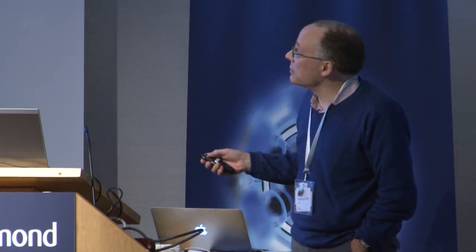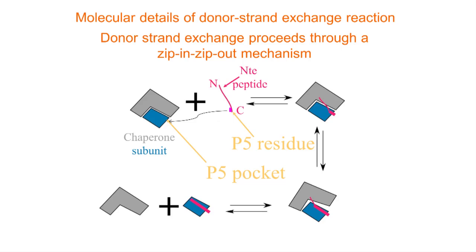And what we've shown is that the donor-strand exchange reaction operates through a zip-in, zip-out mechanism, whereby the way this peptide attacks this complex here is by inserting one of its own residues, so one amino acid side chain, into a pocket at the entrance of the groove of this subunit here in blue to form a transient ternary complex that positions this peptide right in front of the groove and allows it to invade the groove, thereby destabilizing the chaperone strand, and the chaperone dissociates.